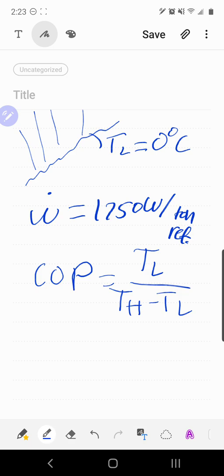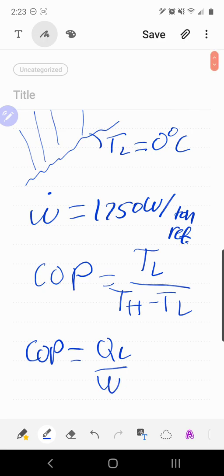There's also another one, which is QL over work input, which is the rate of the heat transfer to the power input.